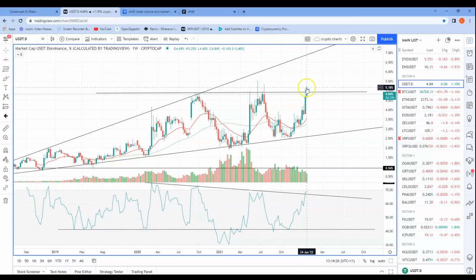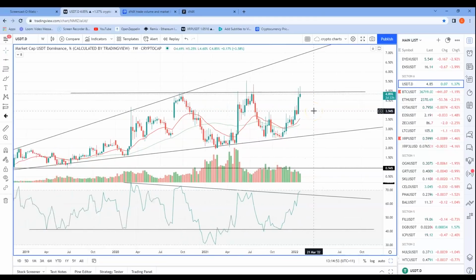There's another scenario which I want to be aware of. If we break above this, we're getting this weekly close after a couple of days, and if we close above it, that'll be a little bit of a problem for the altcoins and the Bitcoin. This time the USD Tether failed to break this resistance, and same here, it wicked up and came back down.